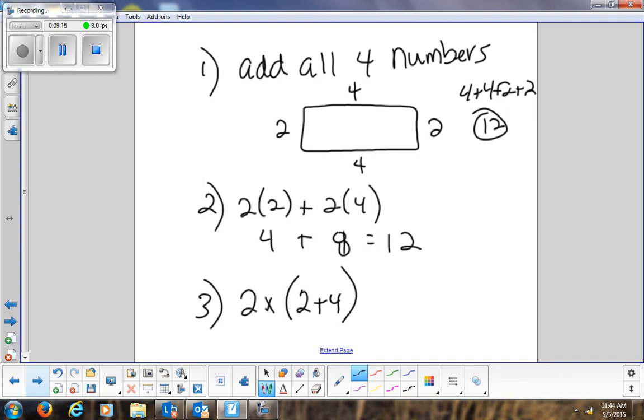Yeah, Tina, that doesn't work for this. No, that's 6. 2 times 6. That was right. So this would be 2 times 6, equals 12. Okay, you see how you can use any of those properties.